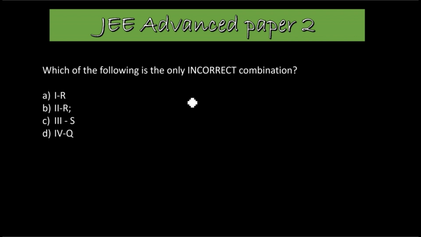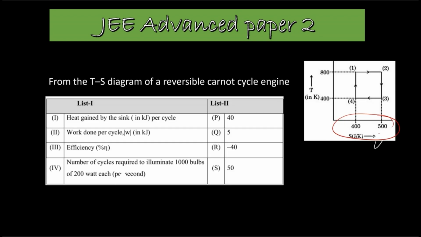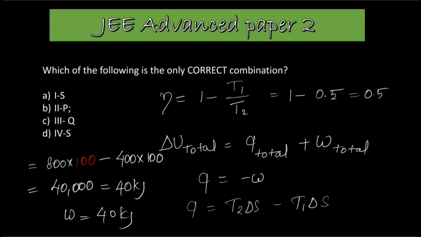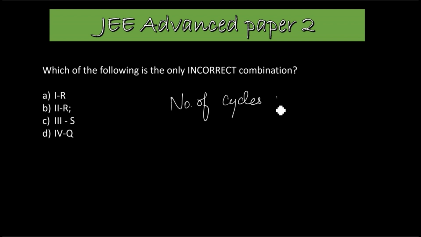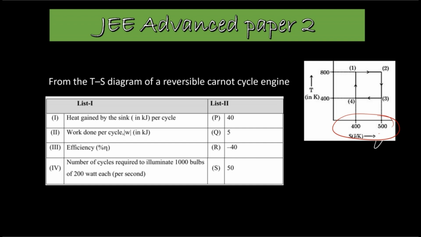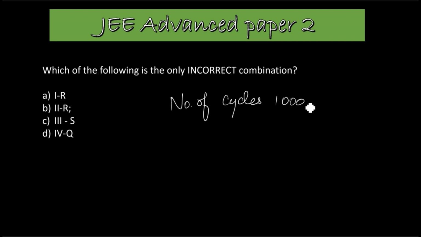So heat rejected to the sink is 40 kilojoule. So the number of cycles required to illuminate how many bulbs? Number of cycles required to illuminate 1000 bulbs of 200 watt each, per second they are asking.